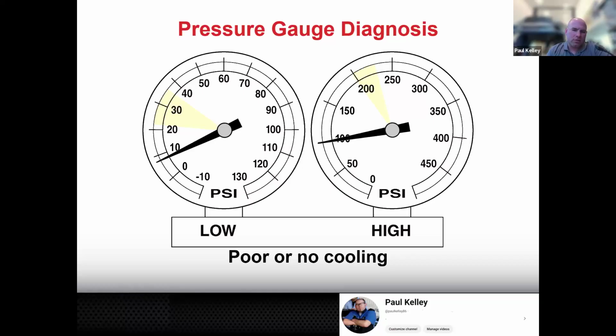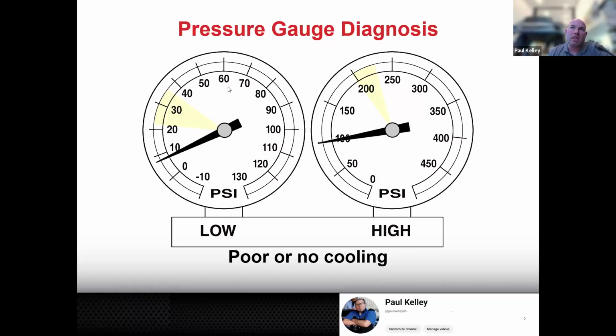So I saw one of the answers, maybe a compressor. I want you to remember the compressor does build the high. So if the compressor is weak, you're right, the high would be too low. I agree. However, if the compressor is weak, the compressor draws the low down. If you were to go out to the car and just slap your gauges on this car and not even start it on a day like today, if it's 80 degrees outside, you'll probably have 90 and 90.